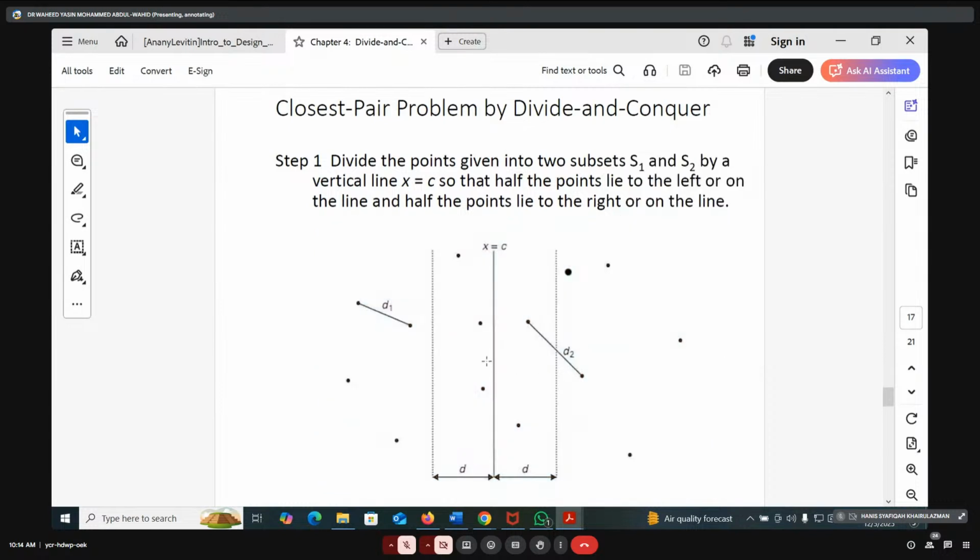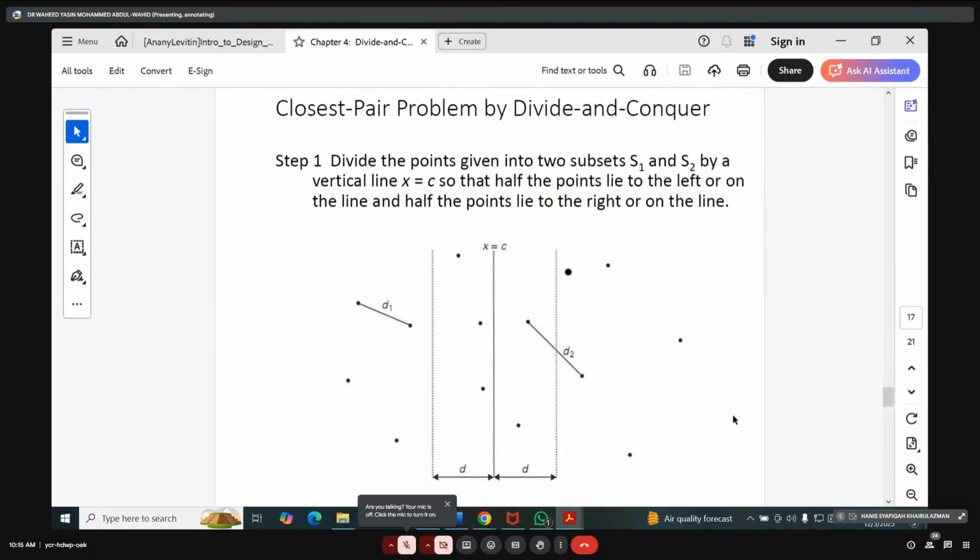And maybe here the pairs are distributed, with one point in the left and one point in the right. So here we will find one point and here one point, and this will be the closest pair. So how to overcome this problem?